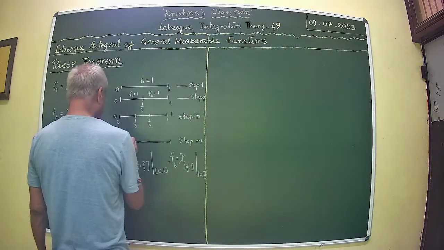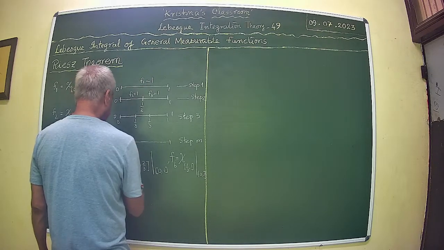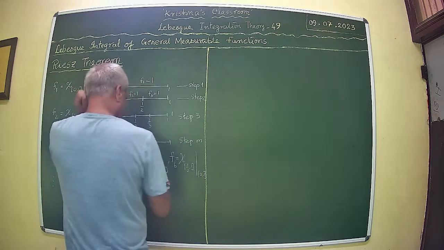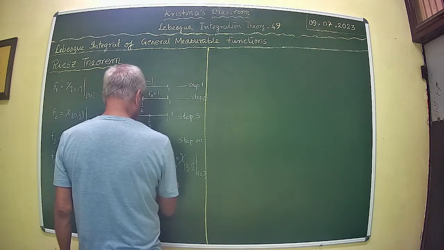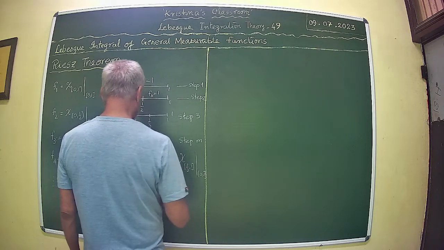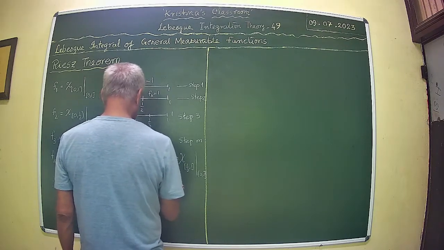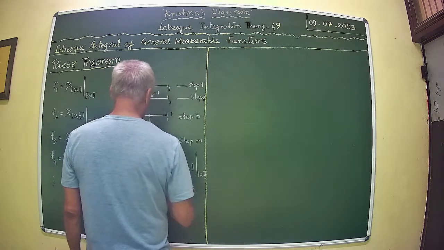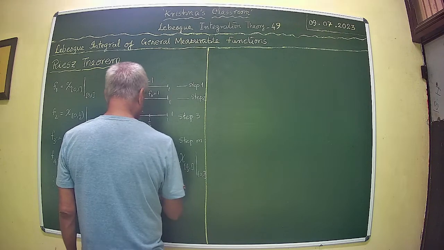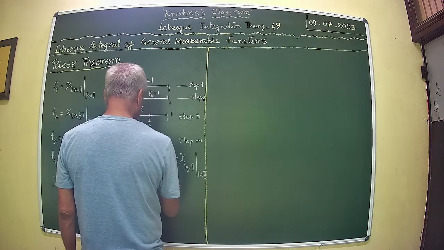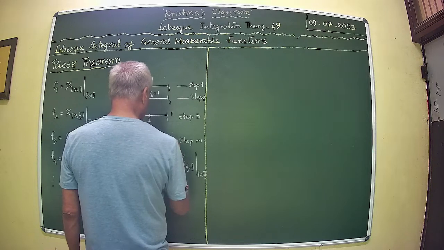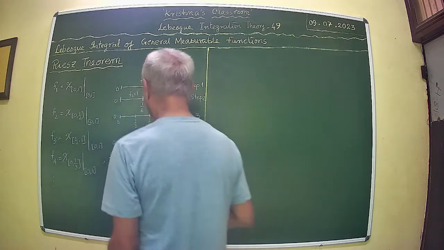So you have 1 by m, 2 by m, k by m, and here of course 1, and so on.